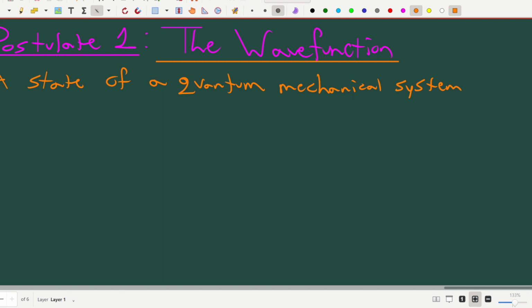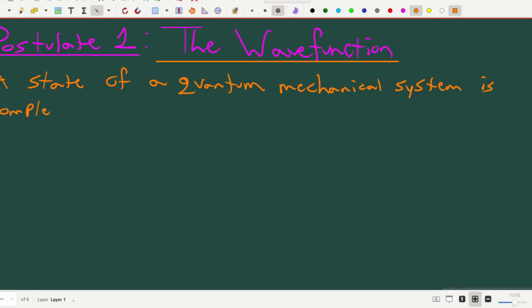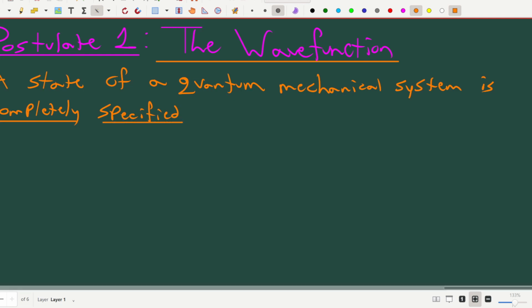All right, so think about state as particle, but it could be more specific than that, a specific type of particle, say a white or a black one. So the state of a quantum mechanical system is completely specified. It's the only thing we need to know about. If we know this one wave function, we know everything about the system, completely specified by its wave function.